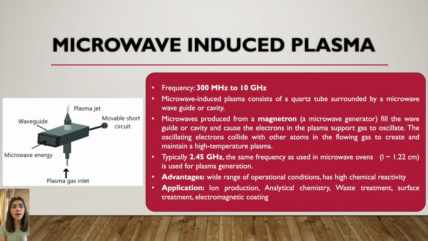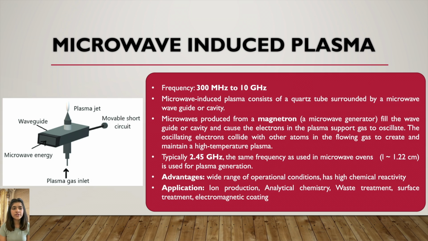Next, we have microwave-induced plasma. Here, the frequency used is between 300 megahertz and 10 gigahertz. Microwave-induced plasma consists of a quartz tube surrounded by a microwave guide or a cavity, as you can see in the picture.